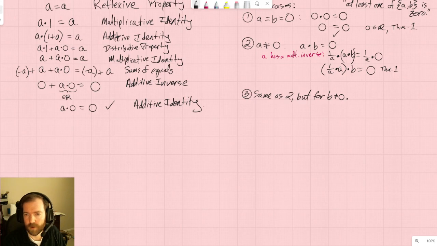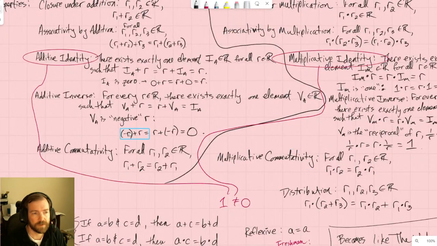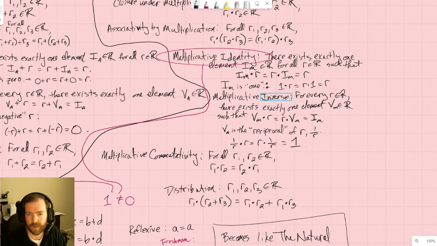So here, 1 over a times a is going to be equal to 1 times b is equal to 0 by, again, multiplicative inverse. There has to be one number, and exactly one number, such that that particular multiplicative inverse multiplied by our particular number is going to be equal to the identity for multiplication.